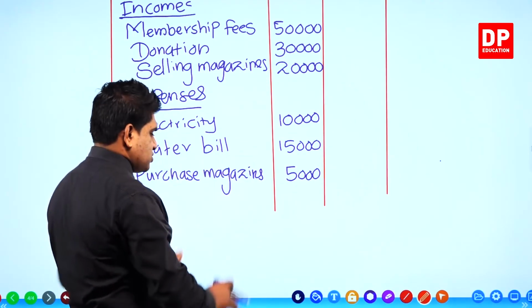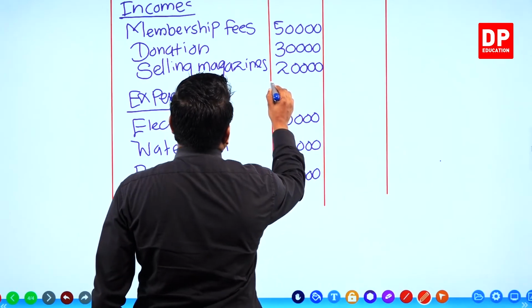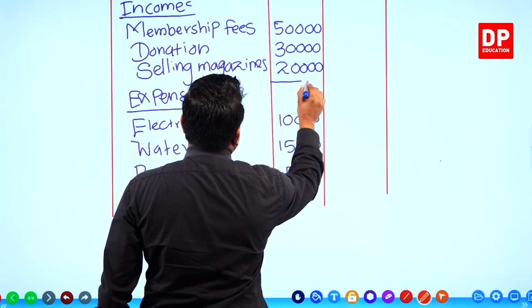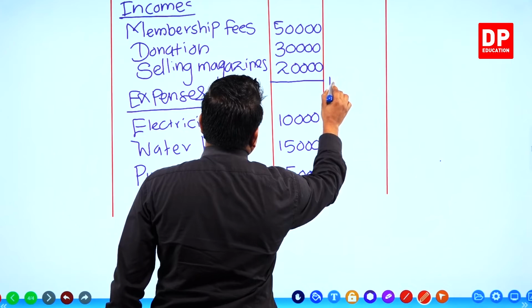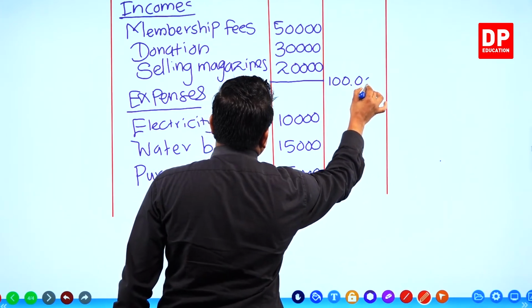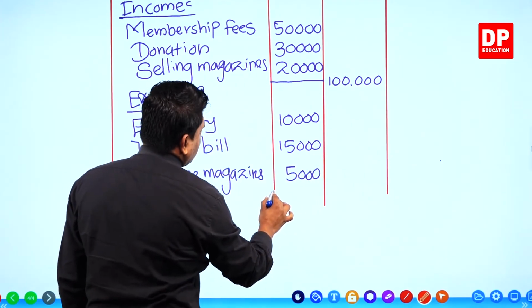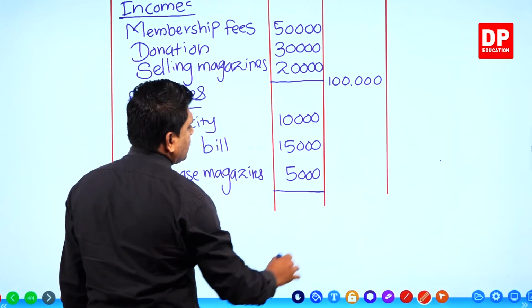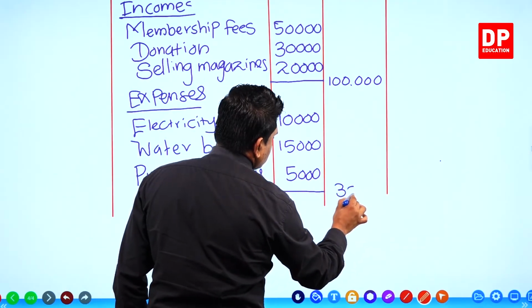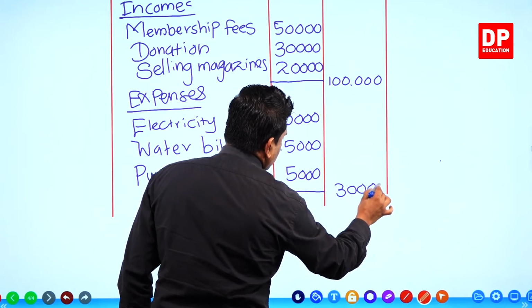Now we finish and get the total. Total income is 100,000. Total expenses for the year are 30,000.